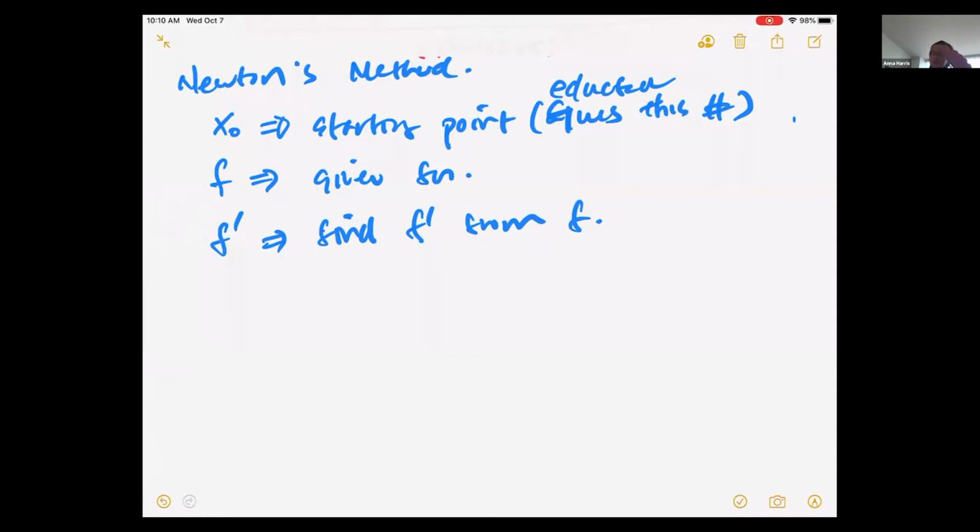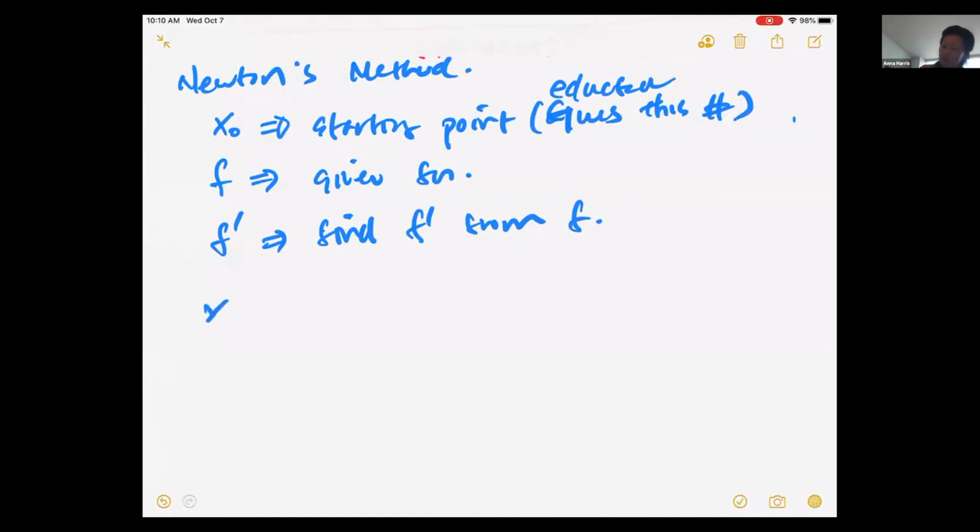Newton's method has a formula. The formula says, if I have these three things, and I do more and more iterations, repeating the computations again and again, then I can find the solution.